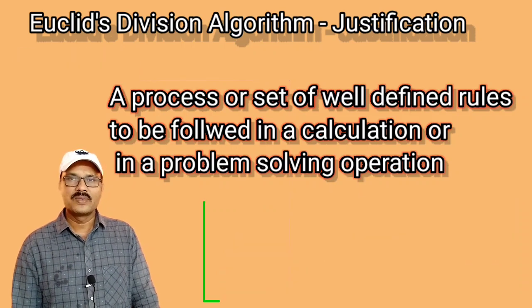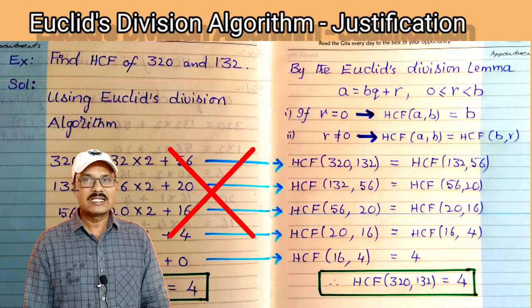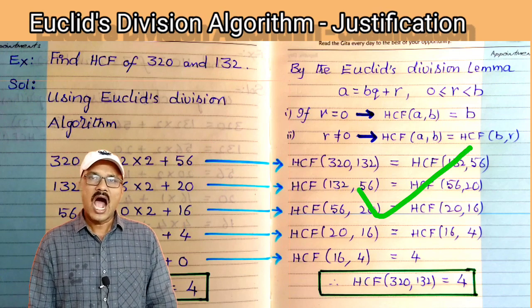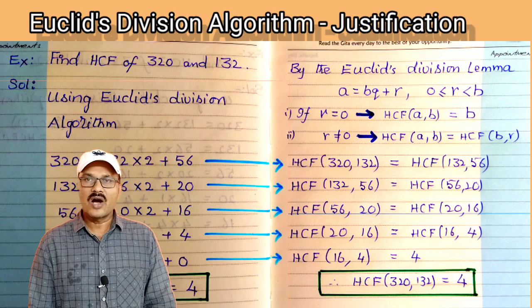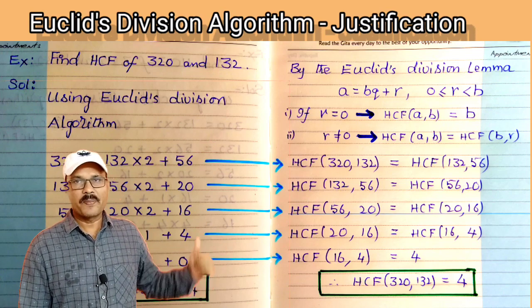Right? Now, I am not going to concentrate on the problem solving, but I'd like to explain more on the justification of Euclid's division algorithm, why it works and how the HCF found by Euclid's division algorithm will be appropriate.